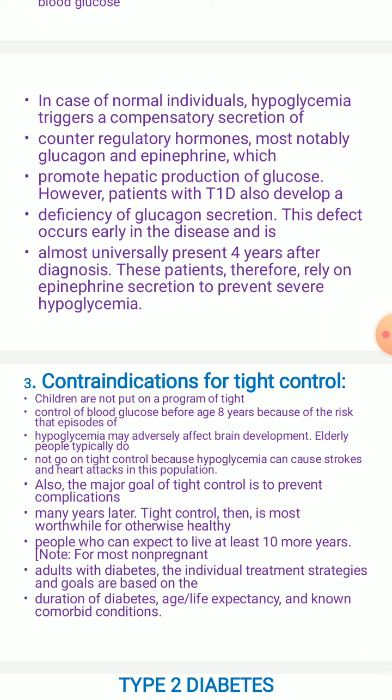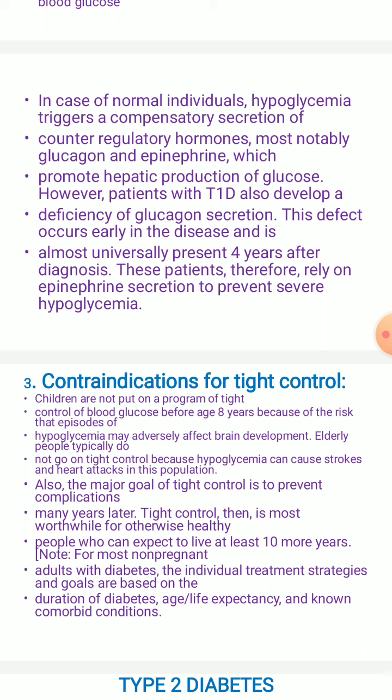So we have a major goal of tight control in order to prevent complications, and at the same time we have to maintain a normalized level of glucose in the blood. Many years later, those patients can benefit from this tight control of glucose level. It is worthwhile for otherwise healthy people who can expect to live at least 10 more years.